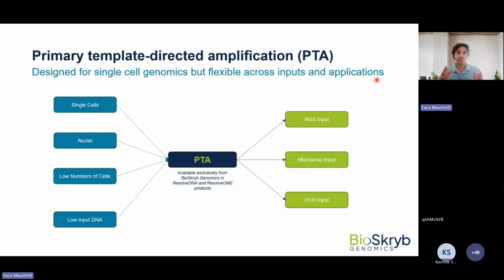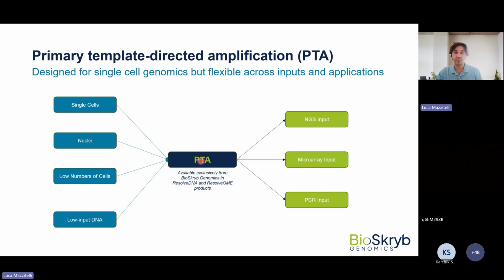So I was able in this case hopefully to show you how flexible PTA is in terms of the type of input material that you can use, like single cells or nuclei in neuroscience, even a low number of cells, what we call pseudo bulk, or even low input DNA.